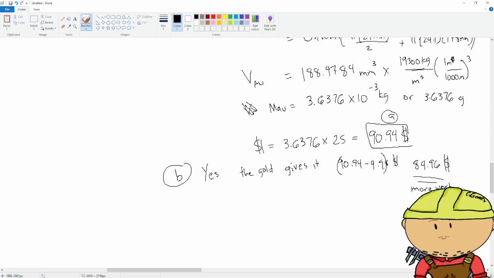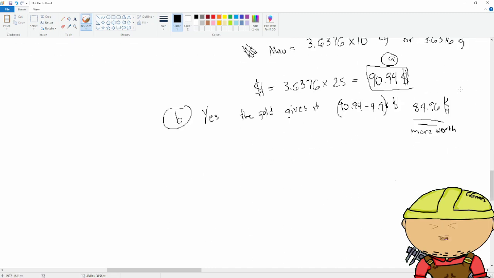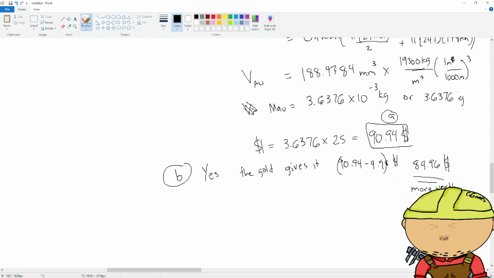So if you buy that coin, you'll be much richer. And that's the difference between micrometer and millimeter. So the answer is yes.